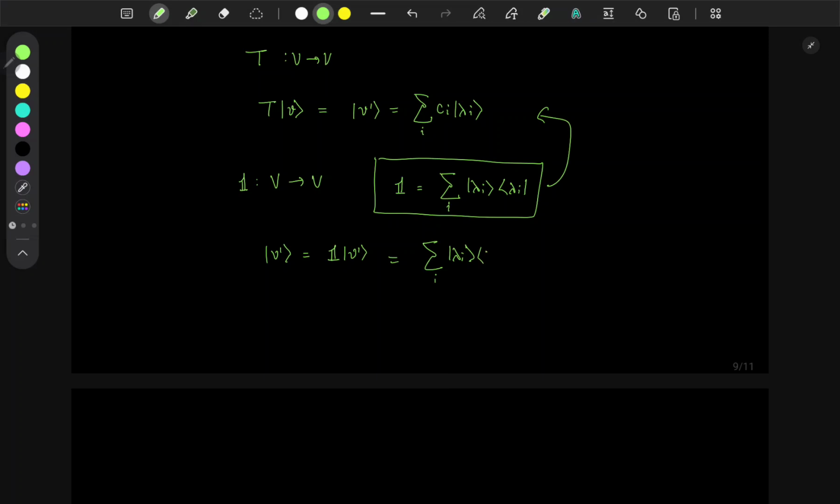lambda i times the bra lambda i, acting on V prime. Now this bra acting on V prime becomes an inner product, so it will give you a number, and we call this number Ci. Since it's a number, it can be taken to this side, Ci, and this is lambda i.